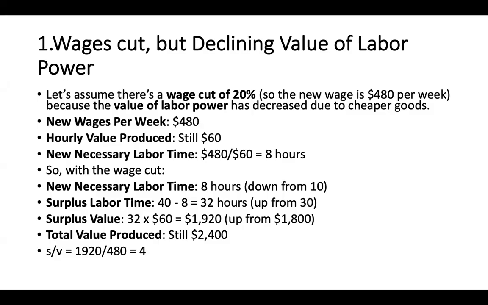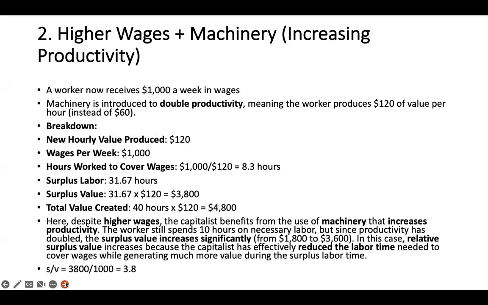So I'll run through this pretty quickly here. Again, you can look at these calculations. These are examples. Wages are cut by a certain amount, but if the cost of maintaining the workers falls by as much or even more, the worker is not going to suffer a decline in their standard of living.